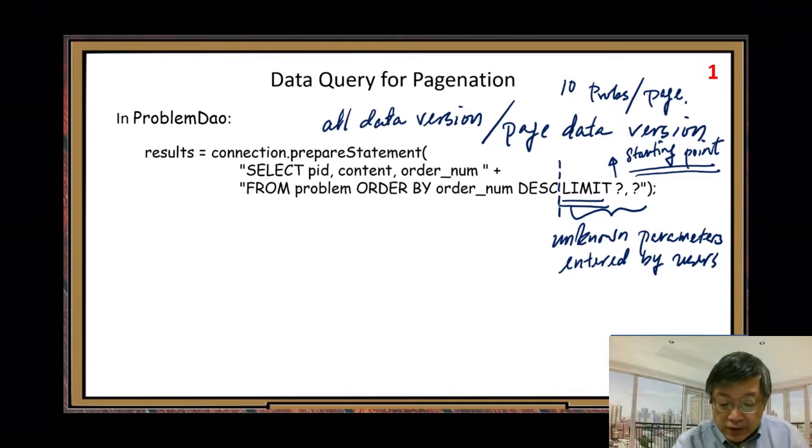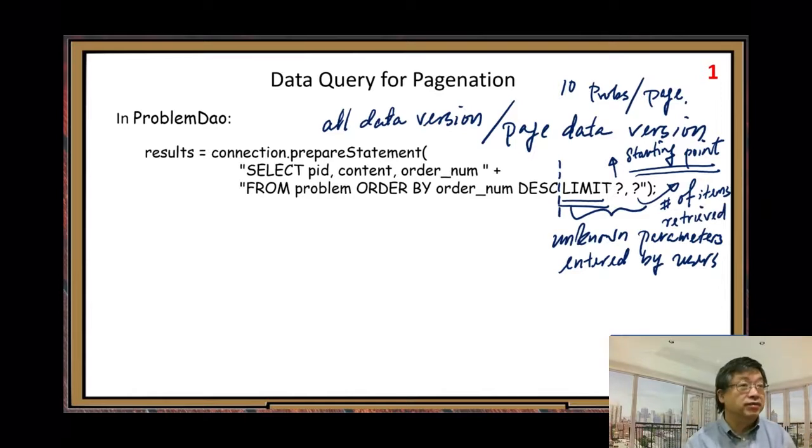Second, the number of items retrieved. The second parameter is easy to understand: number of items, number of rows.